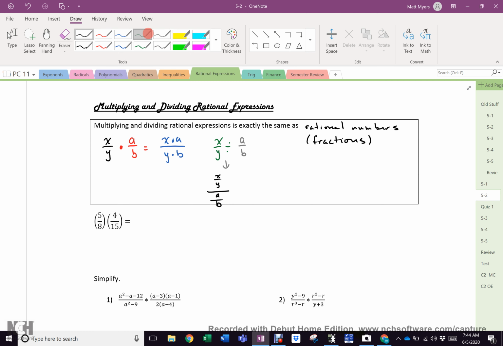That gets us x over y times b over a. We have to remember that we multiply by the reciprocal.